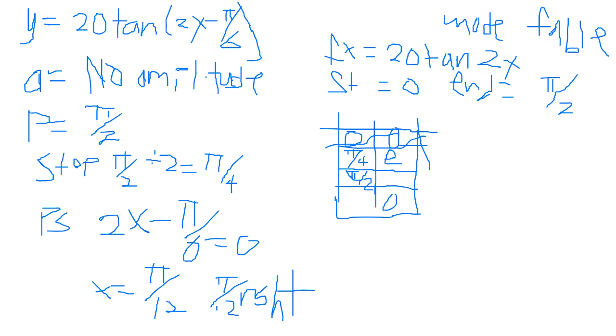So we draw our graph like this. We are going to have 0, pi over 4, pi over 2.